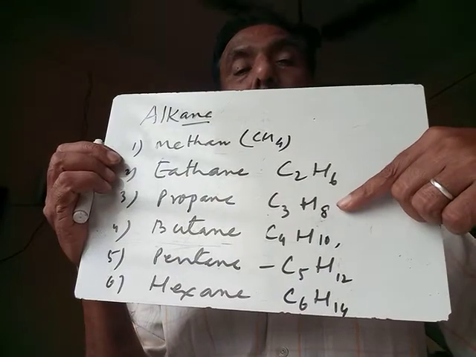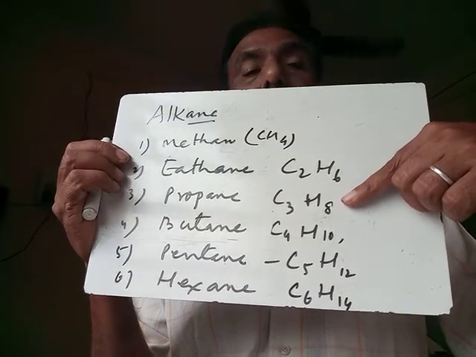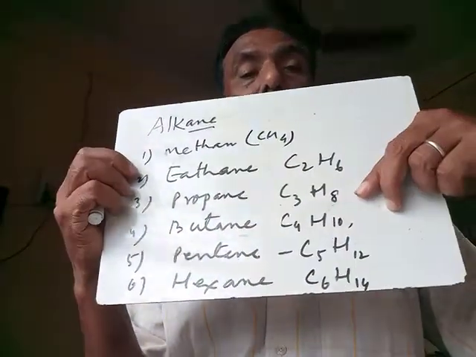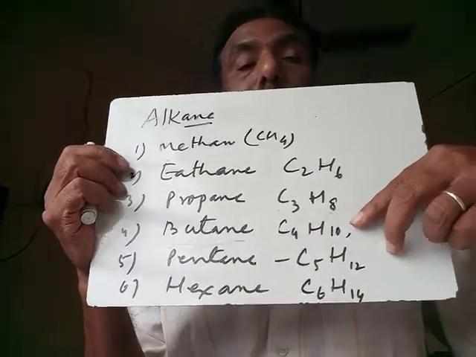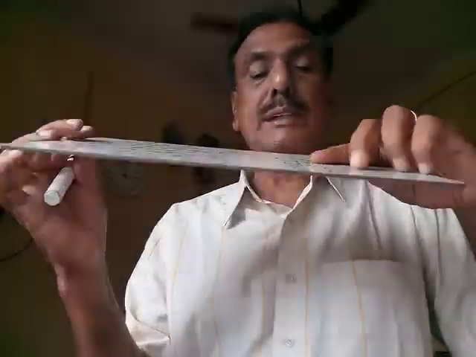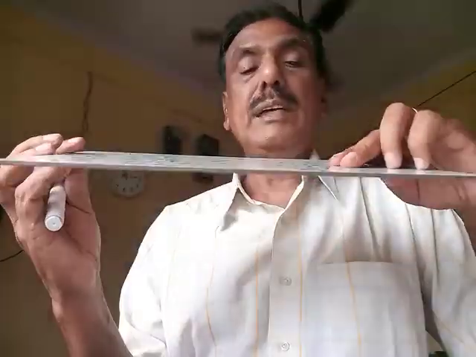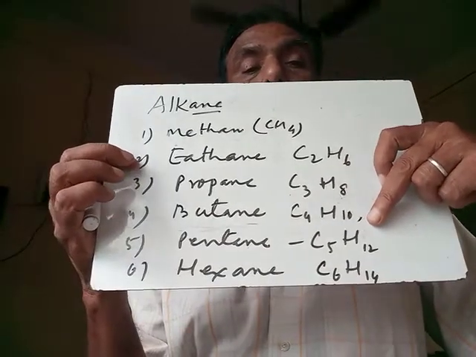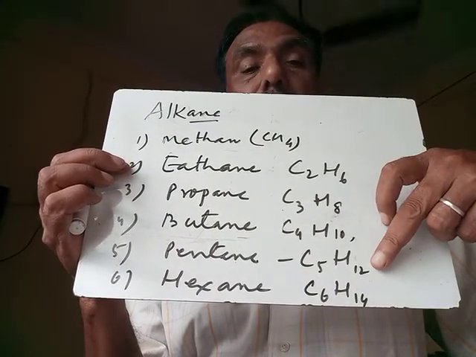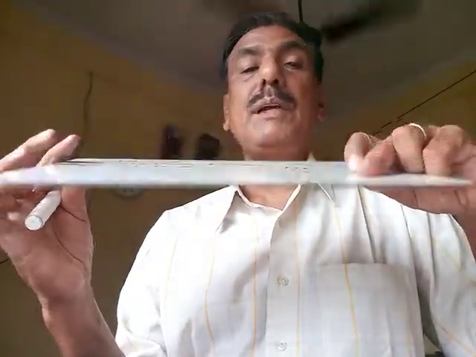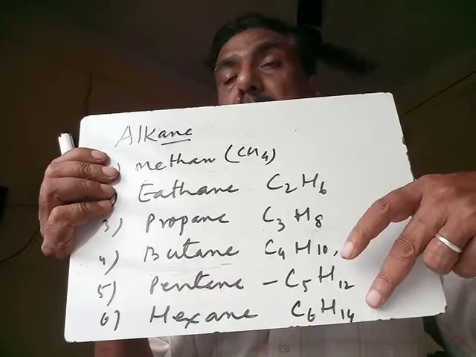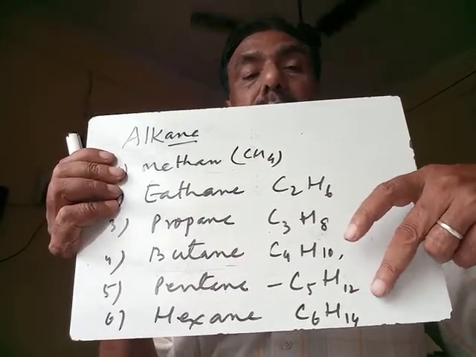Next is propane, C3H8. Then comes butane, C4H10. Then this is pentane, and then hexane, the last one.